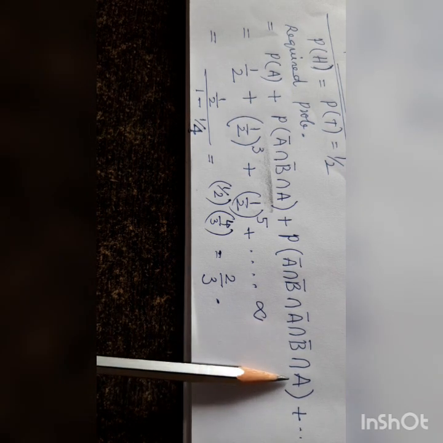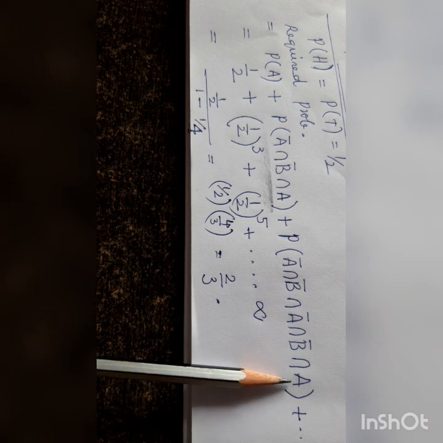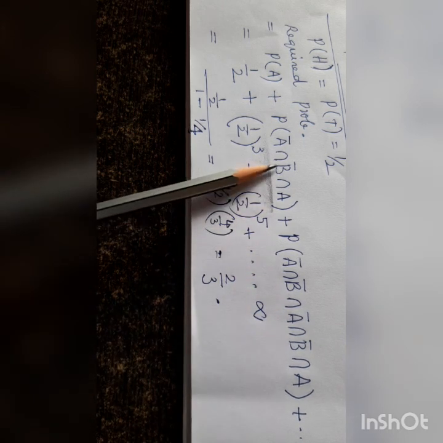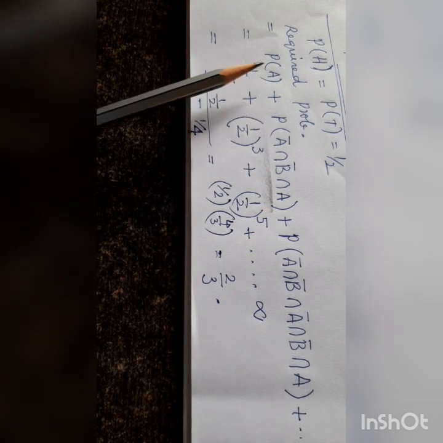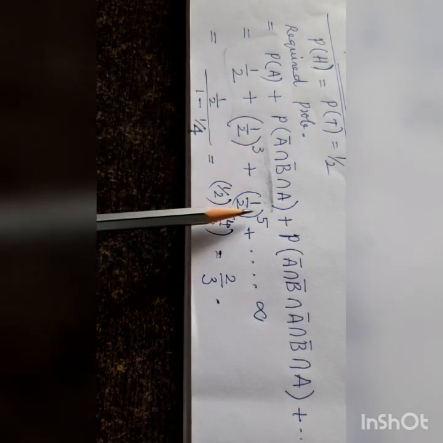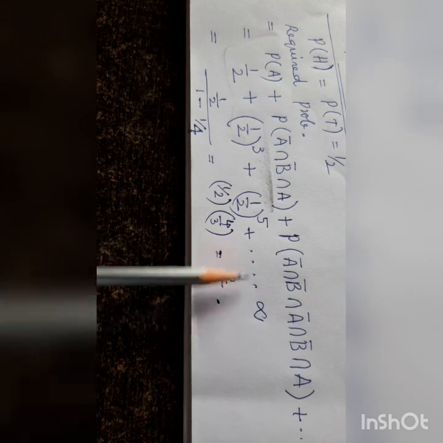In the third tossing, A gets head. Like that. This is 1, 2, 3, 4, 5. This is 1, 2, 3. This is 1, so this is 1 by 2. And this is 1 by 2 whole cube. This is 1 by 2 whole power 5 up to infinity.